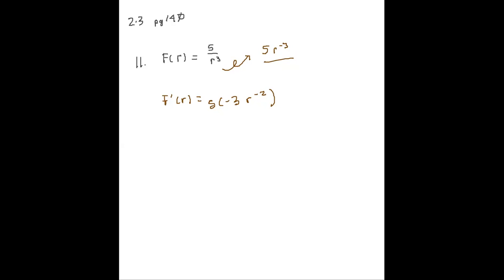When we think about the power rule, exactly, it's minus up top, right? So if we have y cubed, this becomes 3y squared. When we have r to the -3, though, it becomes -3 to the -4. We're still subtracting. So this is going to be equal to -15 times r to the -4. Does that make sense? Awesome.